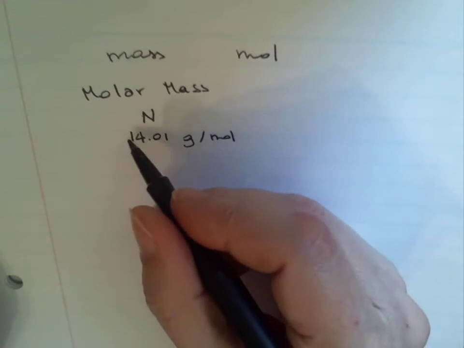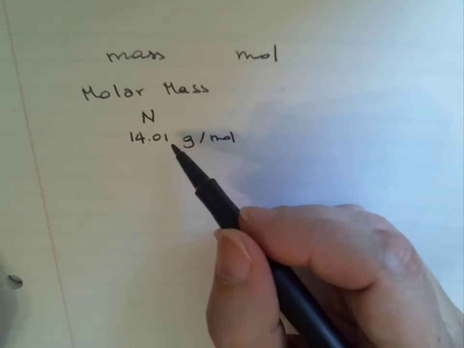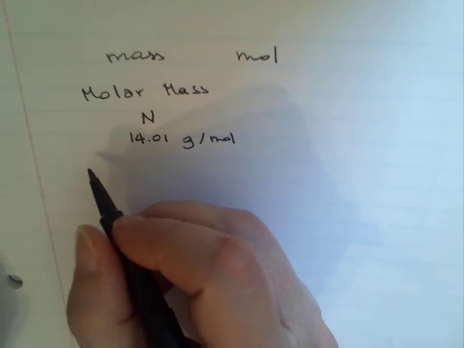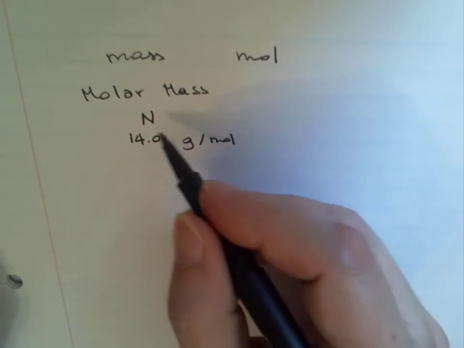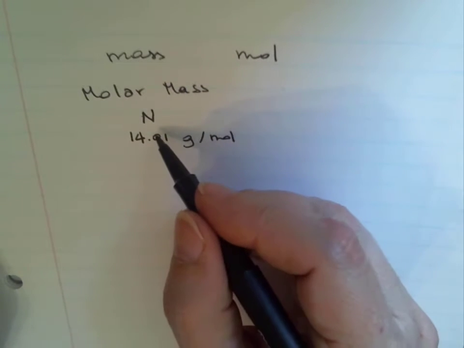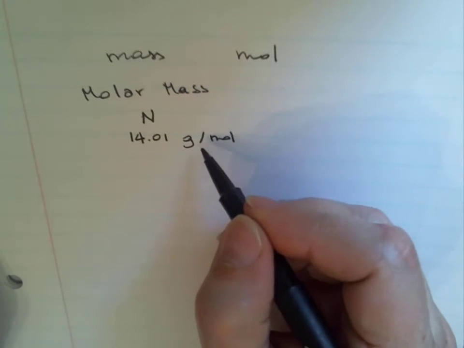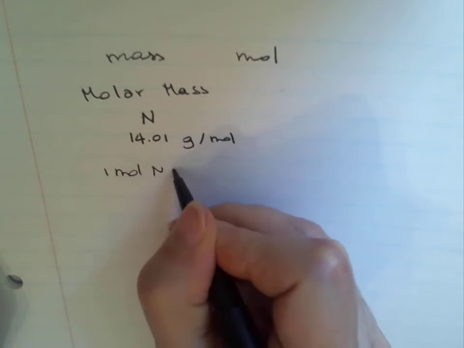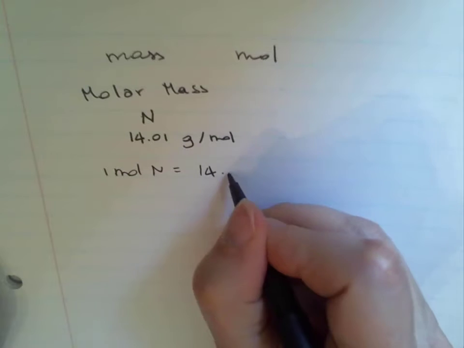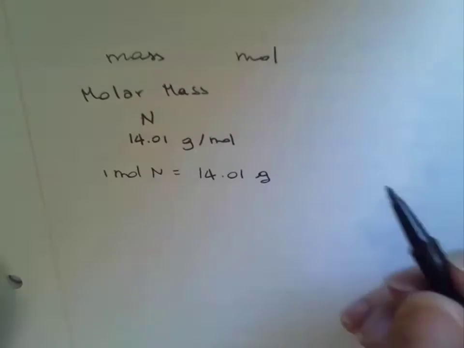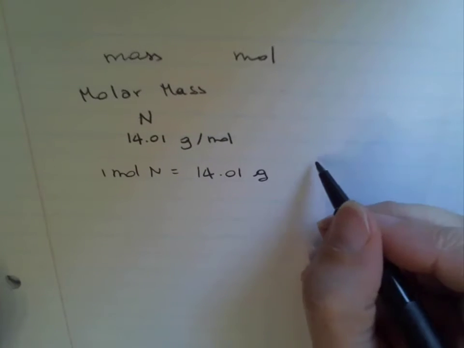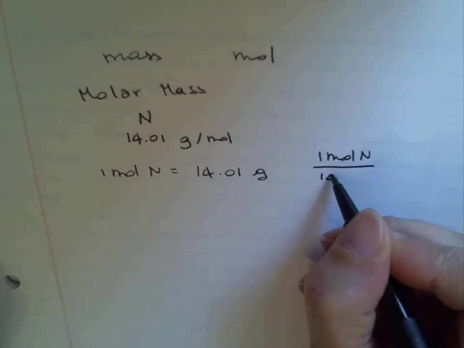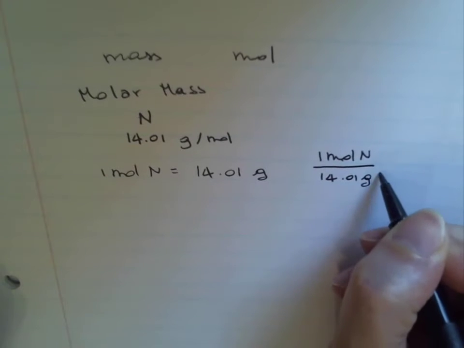This number represents the mass of a mole of nitrogen atoms. So 6.022 times 10 to the 23 nitrogen atoms, equal to 1 mole of nitrogen, will weigh 14.01 grams. So we can write 1 mole of nitrogen equals 14.01 grams, which means we can write this as a conversion factor, 1 mole of nitrogen over 14.01 grams of nitrogen.